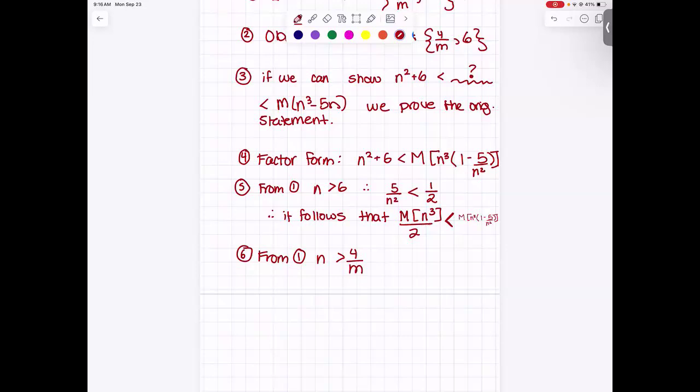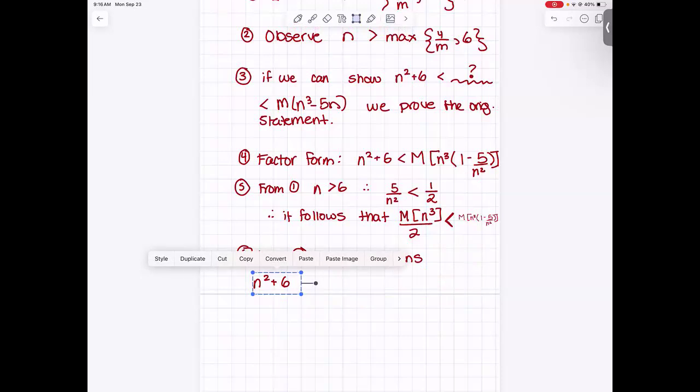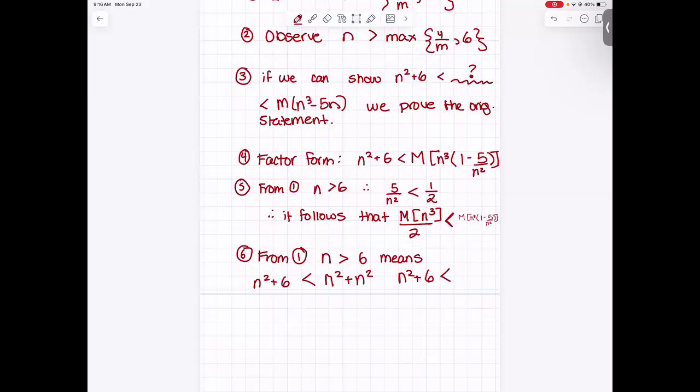So actually, even before we say that, we will say from 1, n being greater than 6 means n squared plus 6, that's our right-hand side, is going to be less than n squared plus n squared, because n is already going to be greater than 6, meaning that n squared is going to be 36 or bigger, definitely bigger than 6. So now we know that n squared plus 6 is strictly less than 2n squared.